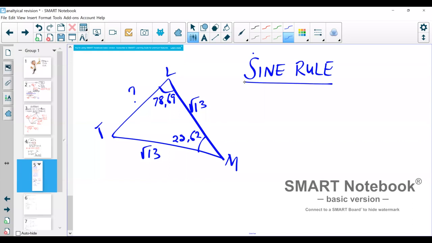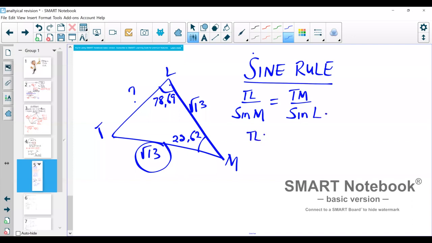Sine rule. And what's my sine rule? TL, the side, over the opposite angle. This is trigonometry. We did this in grade 11. And then the other side, TM here, over the opposite angle, sine L. So what is TL?